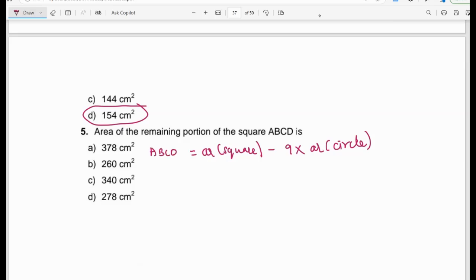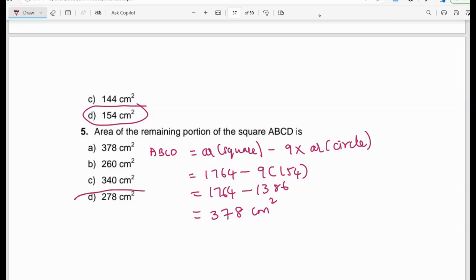To find the remaining portion in ABCD, we do 1764 minus 9 times 154. When you multiply, you get 1386. When you subtract this, we get 378 centimeters square. That is your option D.